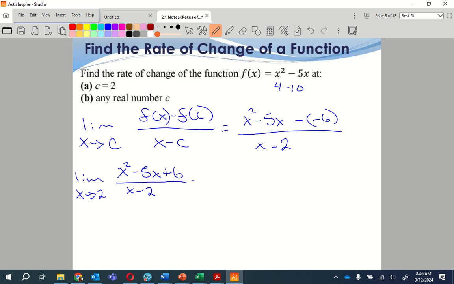So this is going to factor to be x minus 2, x minus 3 over x minus 2. And so I'm left with just x minus 3. Then I can plug that in, which is going to give me negative 1.